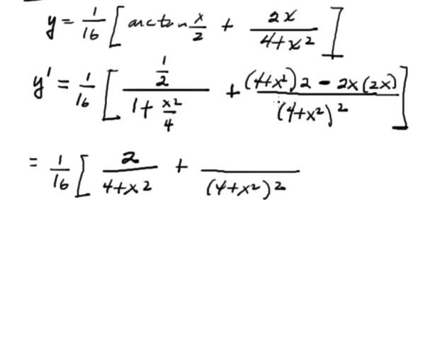Let's see. And the numerator, I guess we'll just multiply this out, and we get 2 times 4, that's 8, plus 2x squared minus 4x squared.